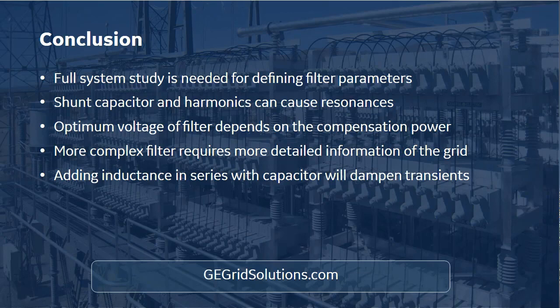And how do the results compare to actual measurements? It depends very much on how accurate your model of the network is. Typically we don't get enough information from the network to make a very precise model.